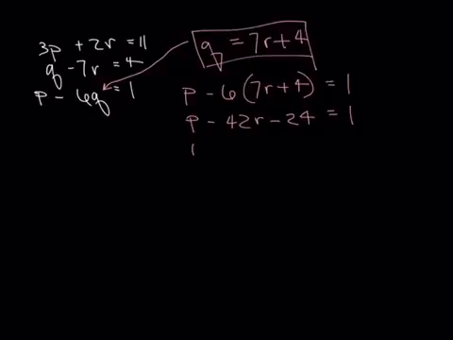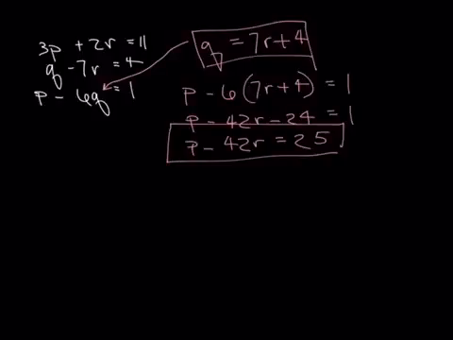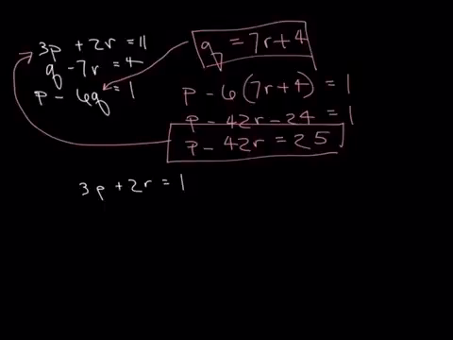Okay, and then we get our constants, our numbers, all together, and we get that. Now notice that has the same variables that this first one has. So I'm going to focus on the first one and focus on this one I just found.